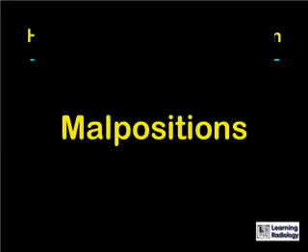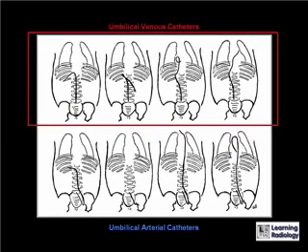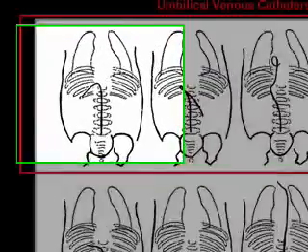Here are some examples of malpositioning of umbilical arterial or umbilical venous catheters. Here's a series of diagrams from an article which appeared many years ago, the original reference to which I can't find, but I thank the individuals who first published these. The top four are umbilical venous catheters that are not in correct position.